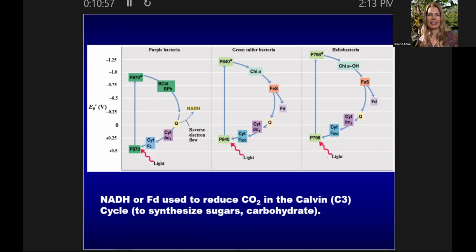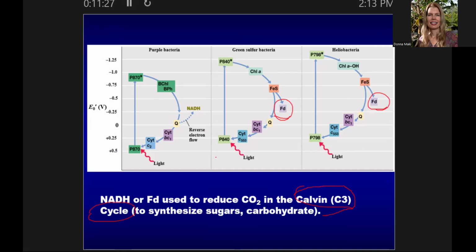And the other part of photosynthesis is the second phase, I call it, which is the Calvin cycle or the C3 cycle. All right, so the Calvin cycle or the C3 cycle, that's part 2 of photosynthesis. That's how they make their sugars or carbohydrates. And depending on the microbe, they may have to use ferredoxin in order to get their sugars made.